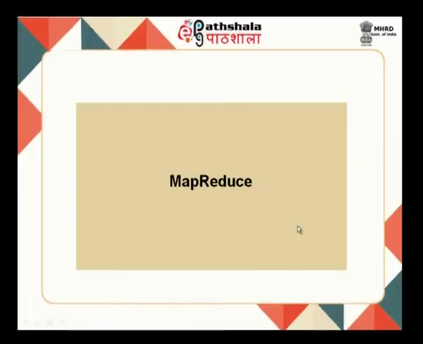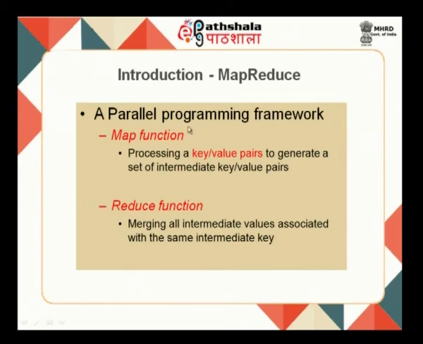The most recent environment or framework that is closely related with big data is MapReduce. So, what exactly is MapReduce? MapReduce is a parallel programming framework. It has 2 important functions: one is the map function, another one is the reduce function. The map function will process a key value pair to generate a set of intermediate key value pairs.